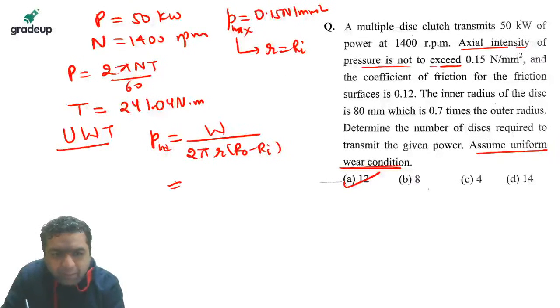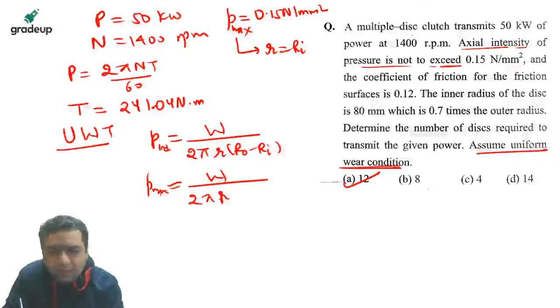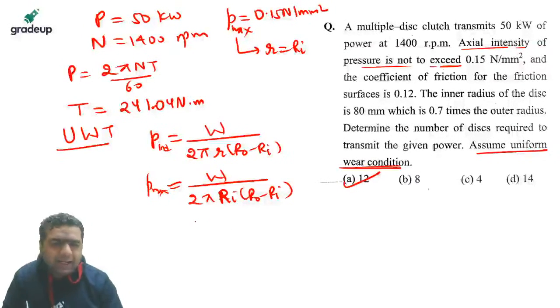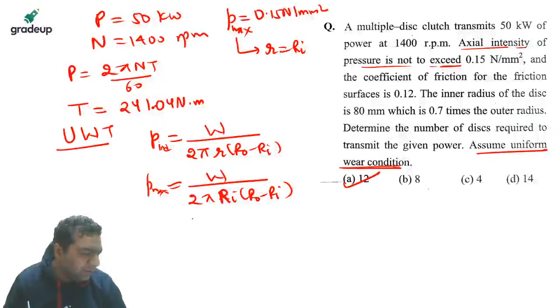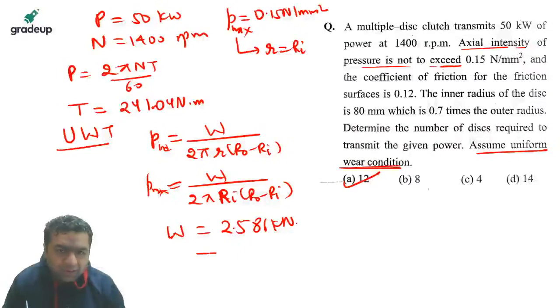So P maximum is W by 2 pi Ri into R naught minus Ri. And guys, when you do this, you will get the value of W, which comes out to be 2.586 kilonewton.